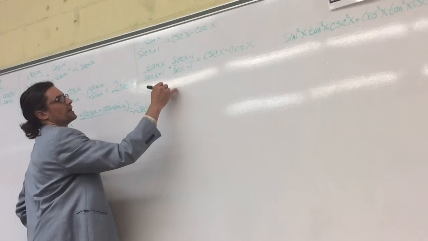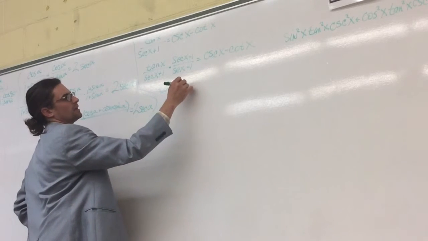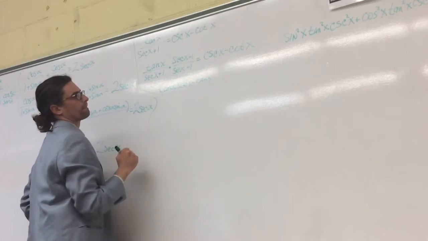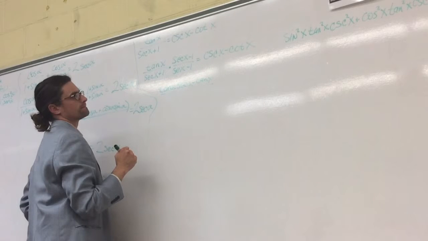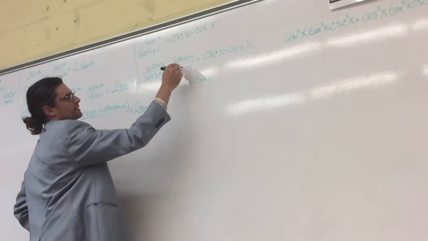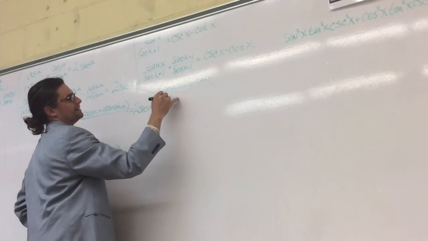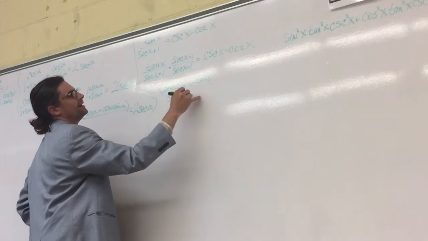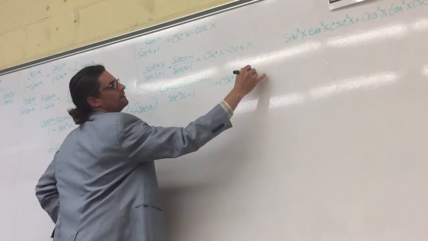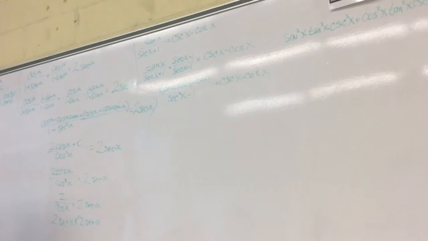So we have tangent x secant x minus tangent x over secant squared x minus 1. I don't know if that was good, to multiply the tangent by the secant x minus 1.